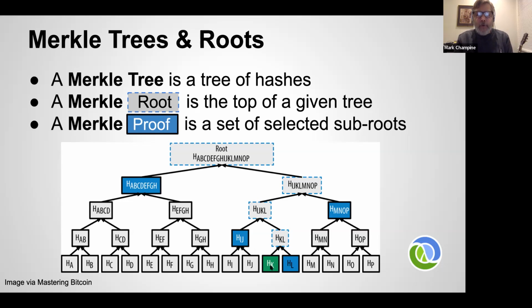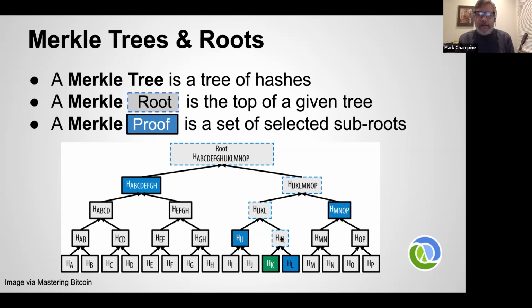And so if we supply H of ij, this one, and this one, and then we have a known root, then it's possible to reconstruct that root by hashing these values that are supplied in the proof with just a few additional hash calculations.